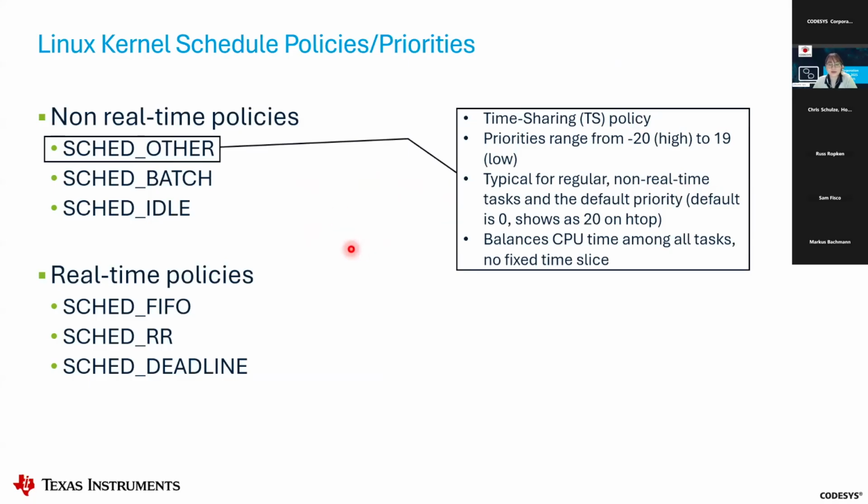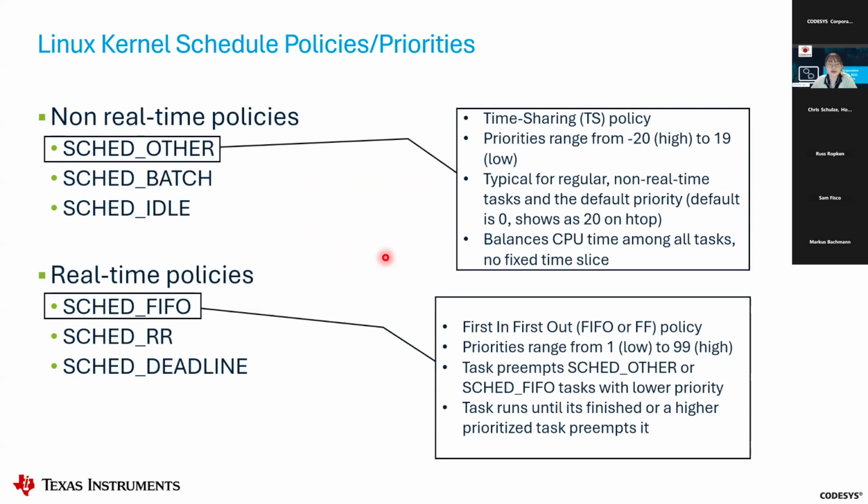It might be a good idea to change these processes that have direct relation to the CODESYS EtherCAT runtime to a real-time friendly policy like SCHED_FIFO, which is essentially a first in, first out policy that allows any task with this policy to preempt any task with SCHED_OTHER policy or any task with SCHED_FIFO policy with a lower priority.